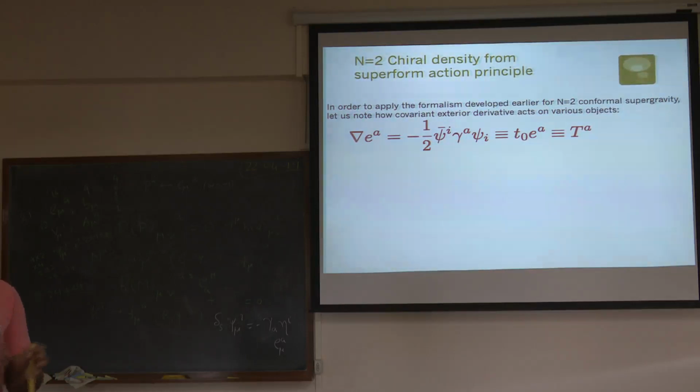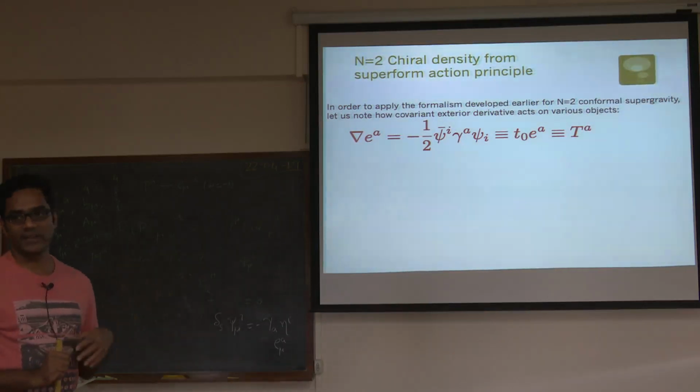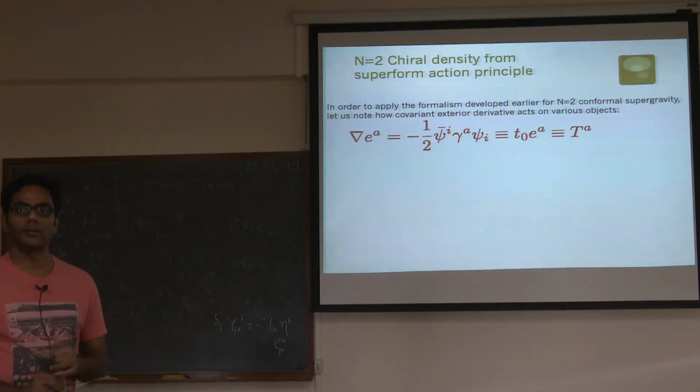Your 4 forms, as I told you, you can write as many terms, and each of these will contain some factors of Vierbein, some factors of gravitino, and some covariant objects. So you had e^a, e^b, e^c, e^d, J, DC, BA, where each e could be either a small e^a or a psi_mu^i, psi_mu^alpha, and this J, DC, BA is a covariant object. So we need to know how this covariant exterior derivative is acting on each of these terms.